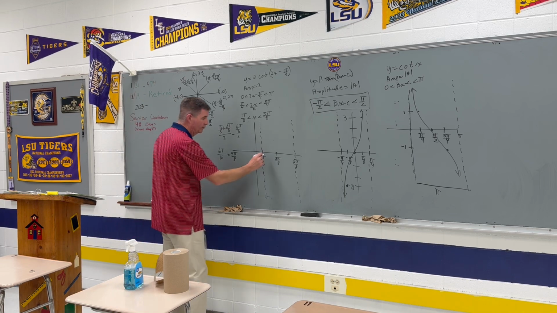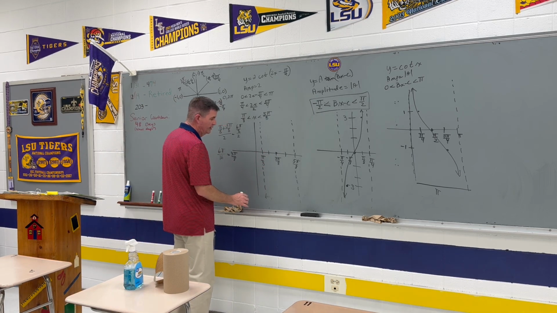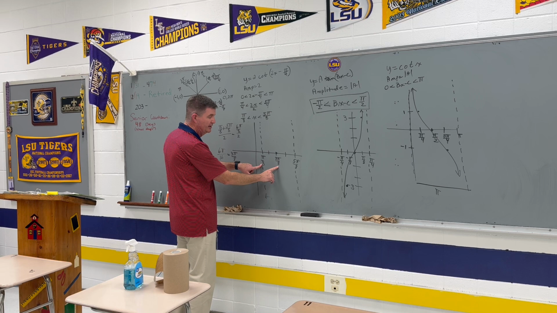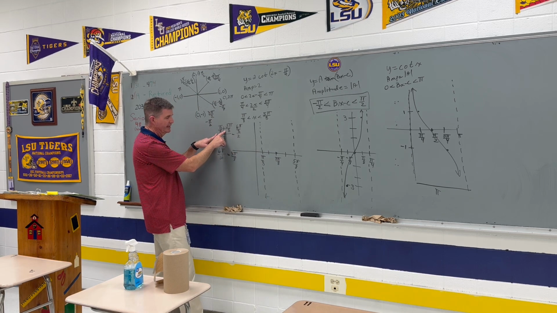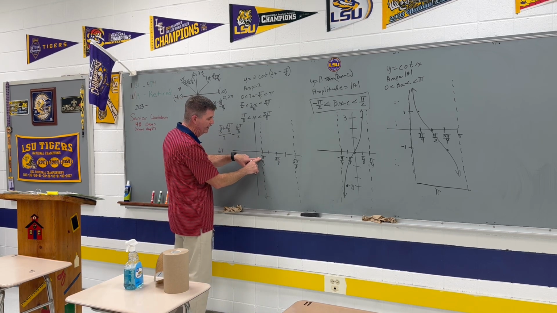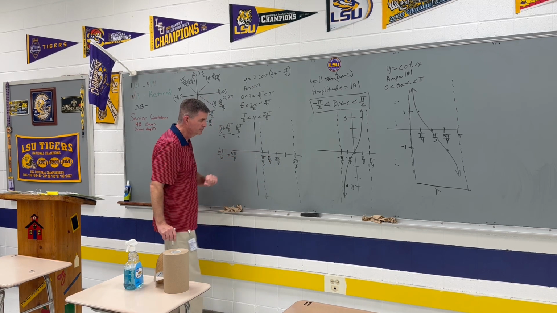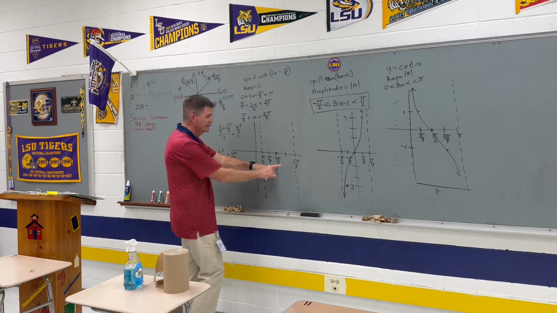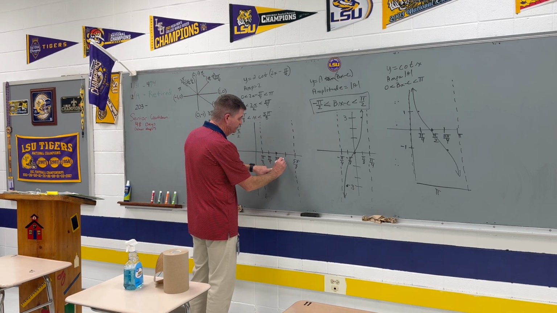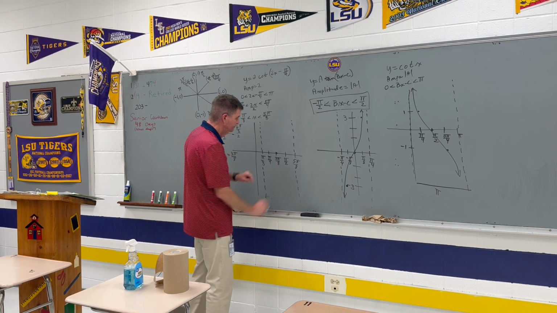Now we want to find our quarter point and our 3/4 point. The quarter point would be the average of these two. Again, we can do the same thing, or we can see that this is 1/8, this is 3/8, so this must be 2/8, which is pi over 4. Since this is 3/8, this is 5/8, this must be 4/8, which is pi over 2.